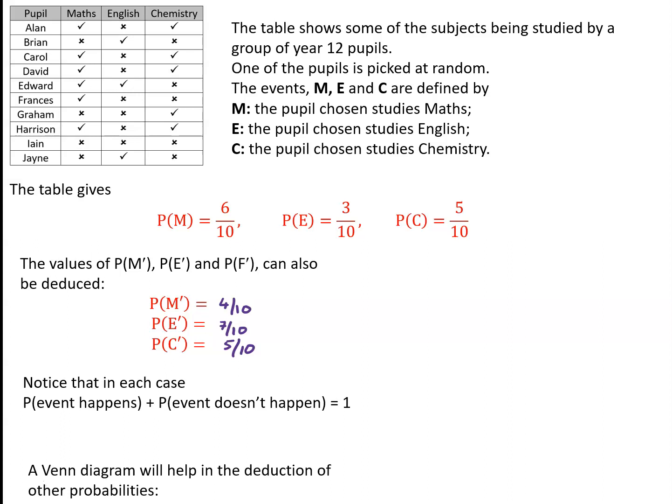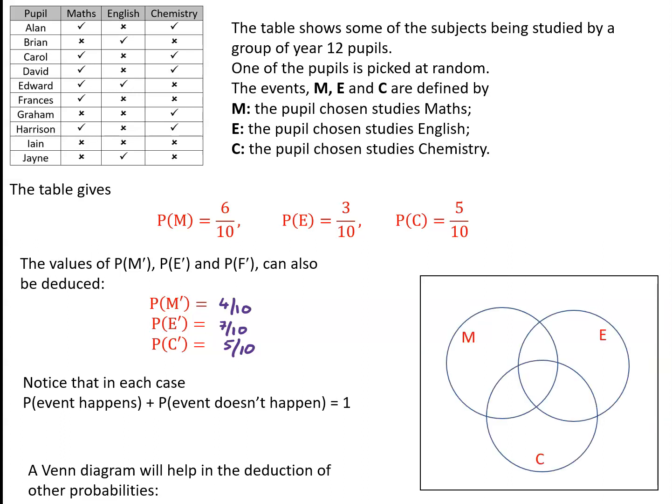Now a Venn diagram will help us in the deduction of other probabilities for the events M, E and C. So if we set up our Venn diagram with 3 overlapping circles, we can see first of all that Alan studies maths and chemistry but not English.